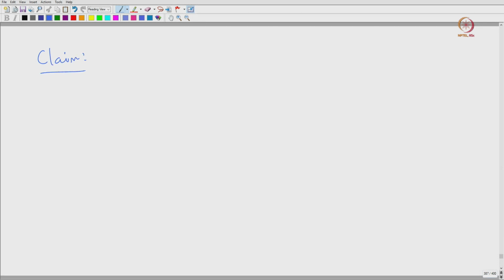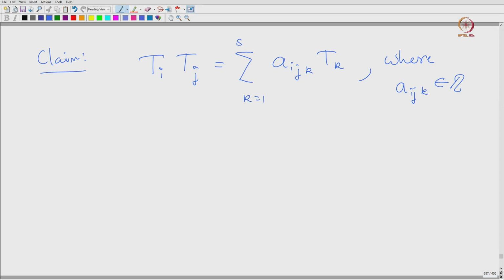There will be some integers a i j k such that whenever you multiply Ti and Tj, you get exactly summation of a i j k Tk. So there exist some a i j k, integers, such that Ti Tj is a linear combination of Tk.